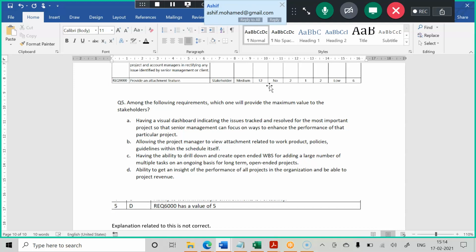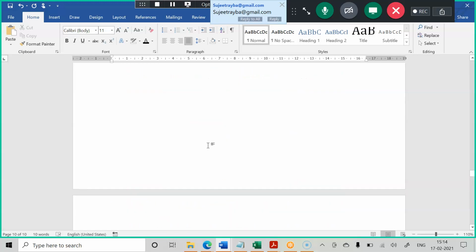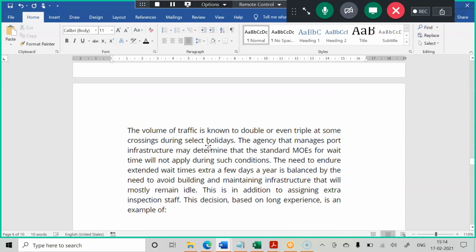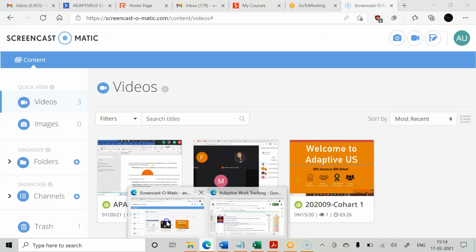So between yourselves, you can share, discuss and learn. That's totally fine. Thanks, Sujit. You're actually adding a lot of value to your team members, your colleagues who are joining.